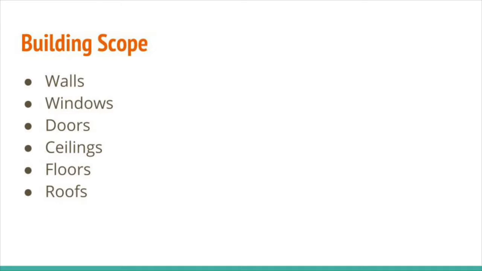Slide 12, Building Scope. This is the scope of our project. We only had one scope because we analyzed exterior and interior together. Our building scope includes walls, windows, doors, ceilings, floors, and roofs.